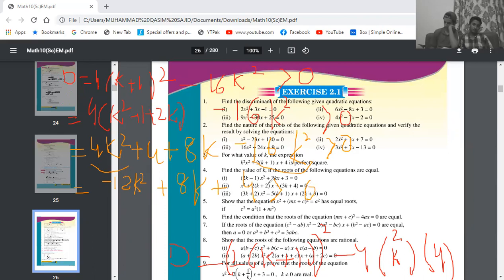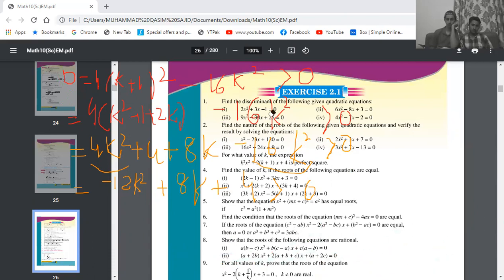Now taking 4 common from the whole equation, and minus also minus 4, so it must be 3k square plus 2k plus 1 is greater than 0.